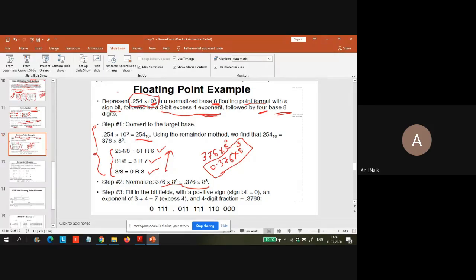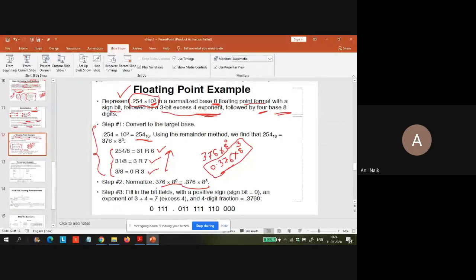So this is the original number, and this is your target. You have to convert into base 8, in a floating point format with a sign bit followed by a 3-bit excess 4 exponent.